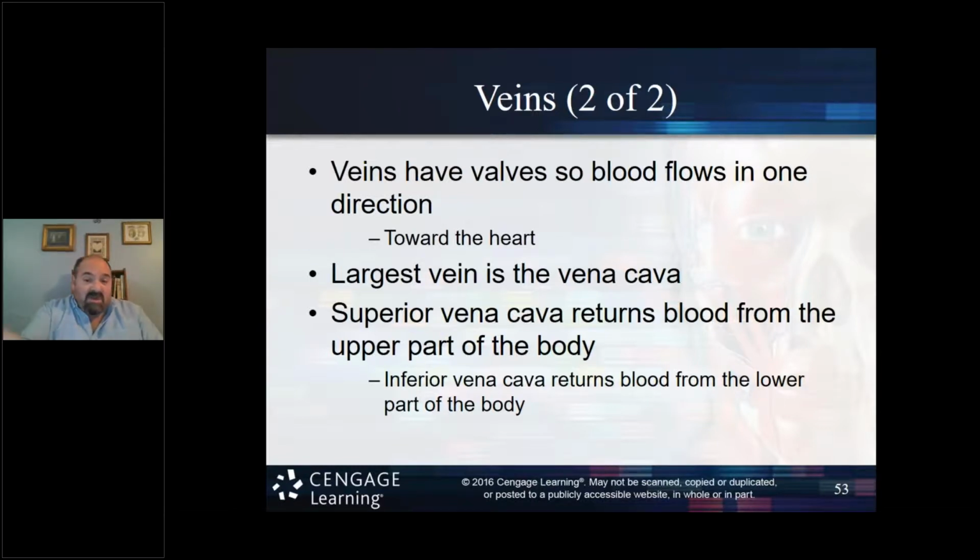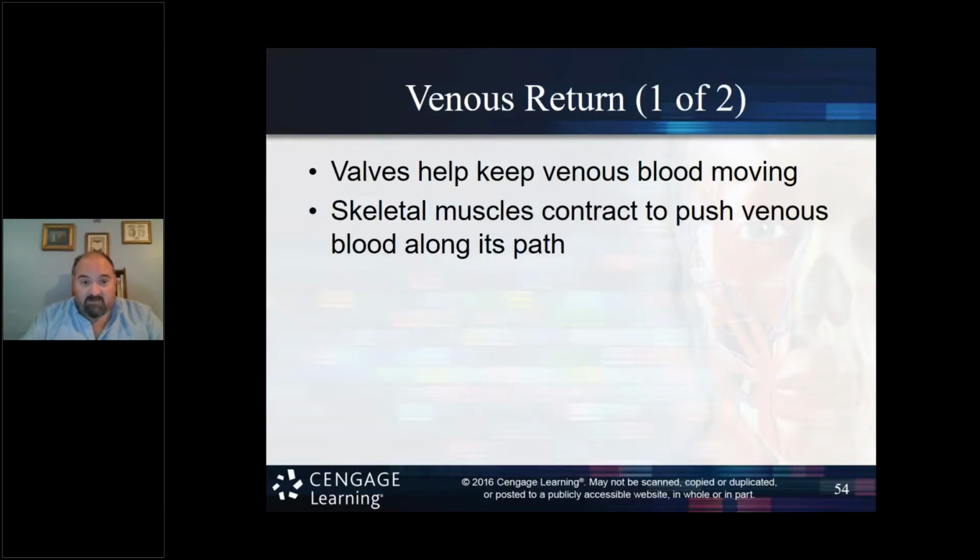The superior vena cava brings blood from the upper part of the body, and the inferior vena cava brings it from the lower part, to the upper right chamber, the right atrium. And the valves again allow for this continuous one-way blood flow.